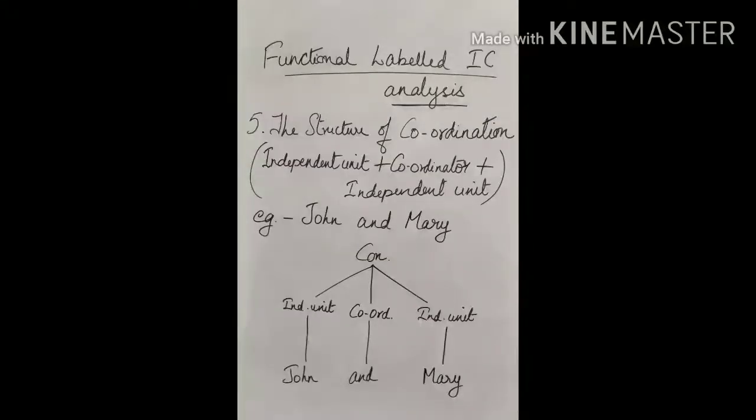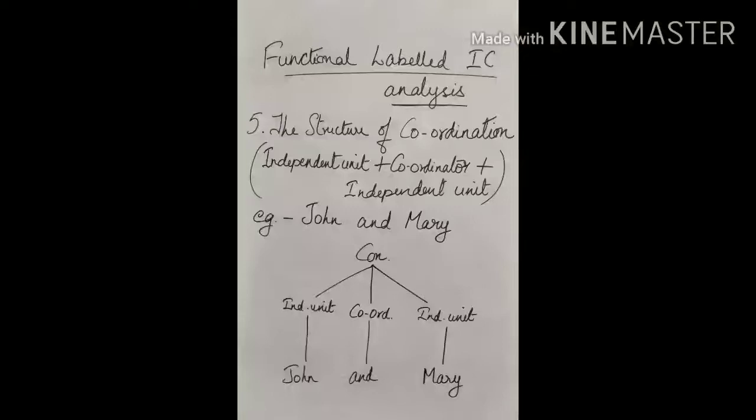Next, the fifth and the last one is the structure of coordination, that is independent unit plus coordinator plus independent unit. Example, John and Mary. The construction John and Mary, that is divided into independent unit, coordinator and independent unit.